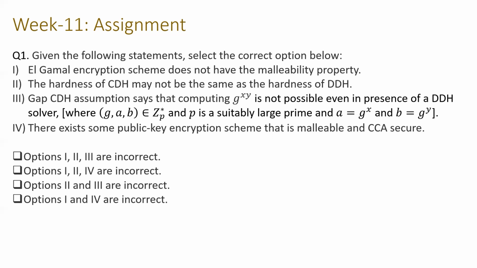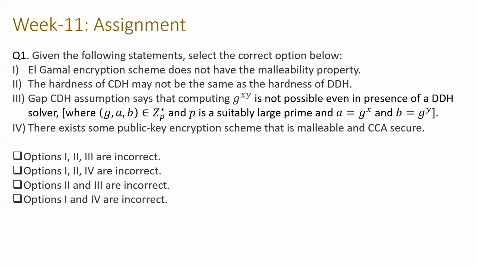The next option says that the hardness of CDH may not be the same as the hardness of DDH. The computational Diffie-Hellman problem can be hard even if DDH is not hard. Basically there exists some group where, even after an adversary gets access to a DDH solver, or in other words, even if the DDH problem becomes solvable in that particular group, the CDH assumption still holds true.